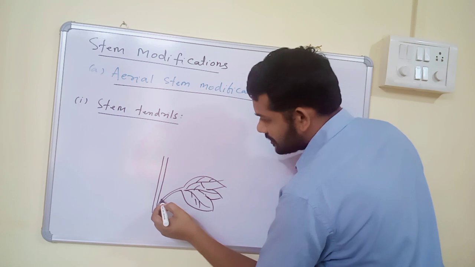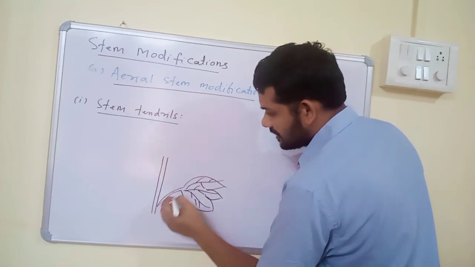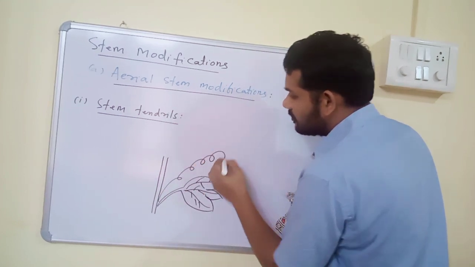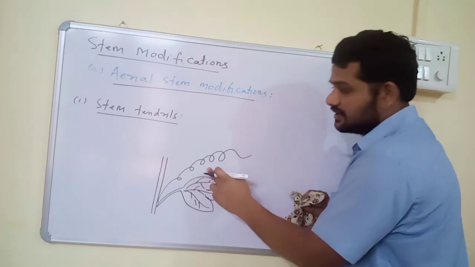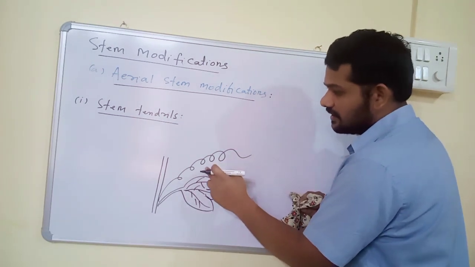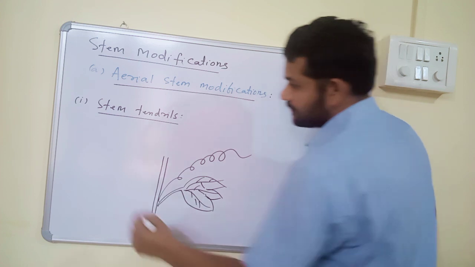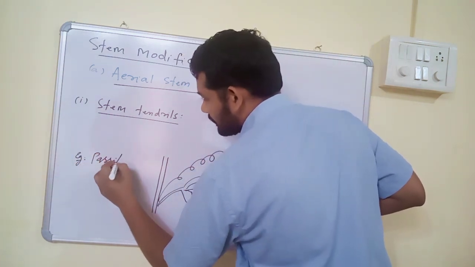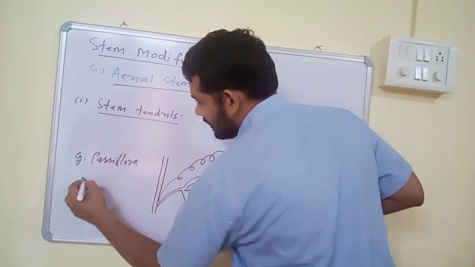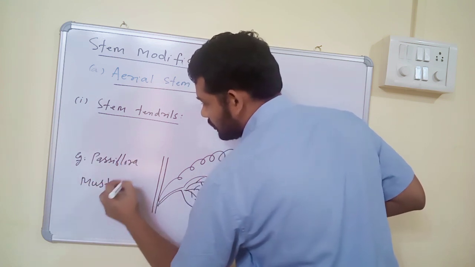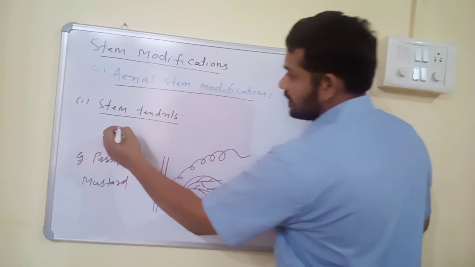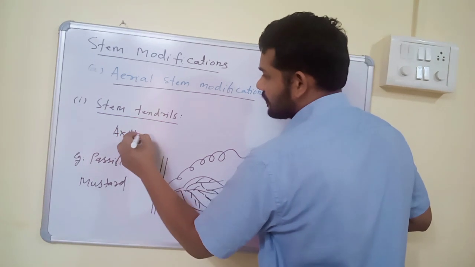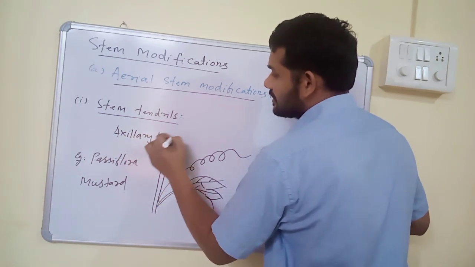So this is the axial portion. The axial portion bears the axillary bud. Then this axillary bud is modified into a long, sensitive coiled structure, and this coiled structure is called a tendril. In the case of Passiflora and mustard, in these two cases, which part is modified into a tendril? The axillary bud.